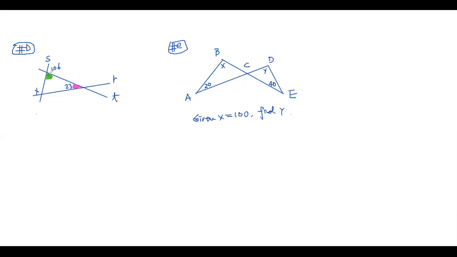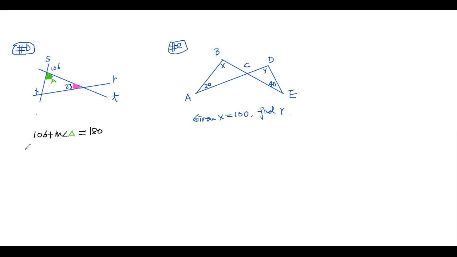Let's call it angle A. What is the green angle? Because 106 is given, I know 106 plus the measure of angle A, the green angle, has to be equal to 180.